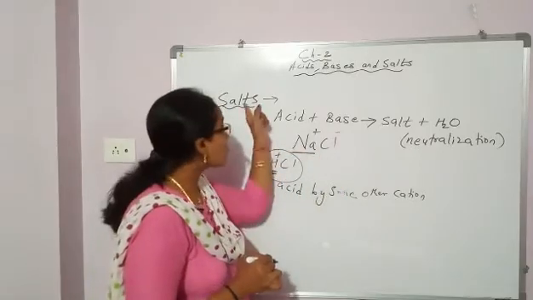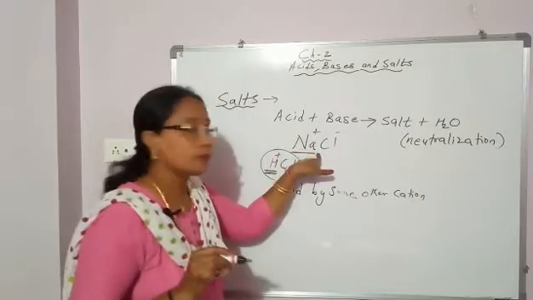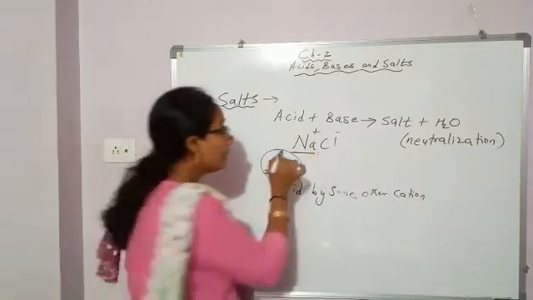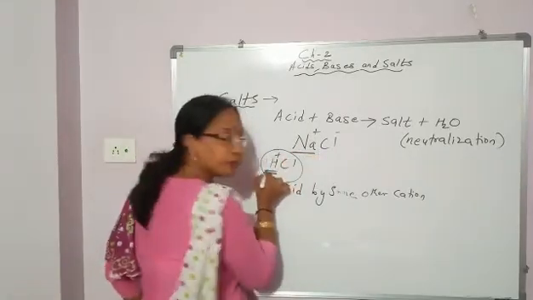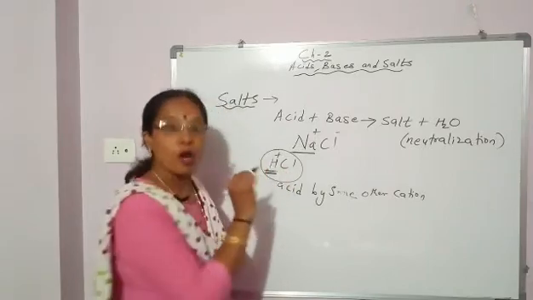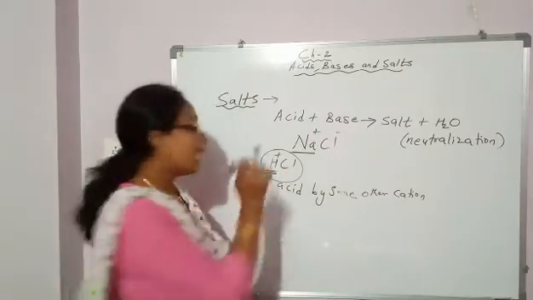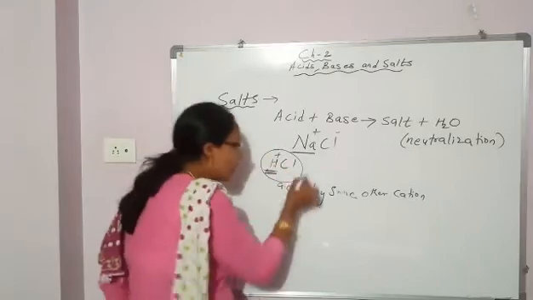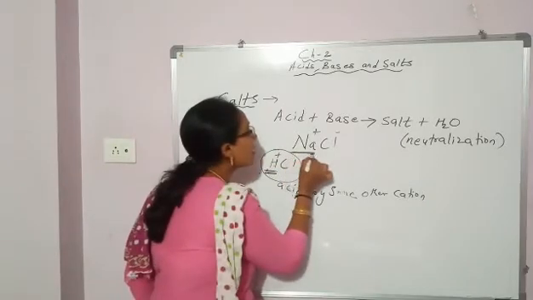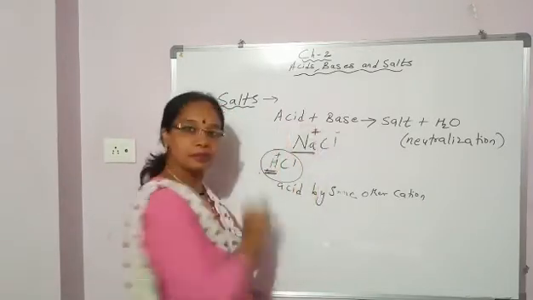Okay, so what is salt? Salt is a compound formed by replacement of either all or a part of the hydrogen atom of an acid by some other cation. Okay?